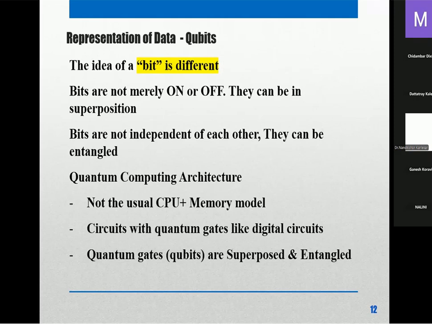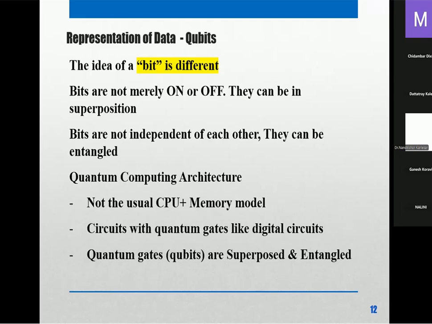They can be in superposition. Bits are not independent of each other. They can be entangled. So what exactly happens here? Quantum computers build upon the weird behavior of quantum physics. Don't worry, it is a very easy concept.